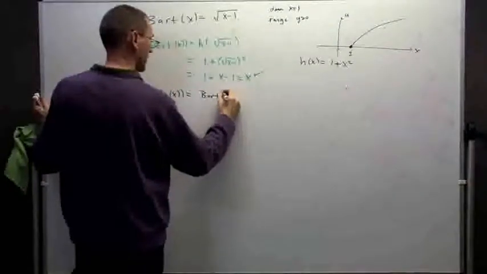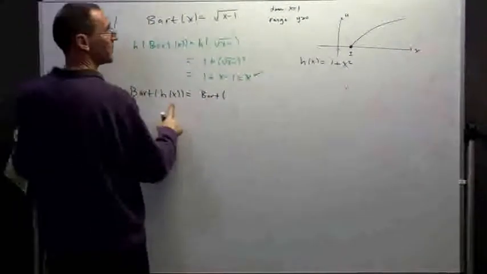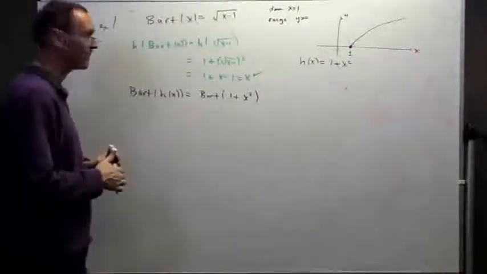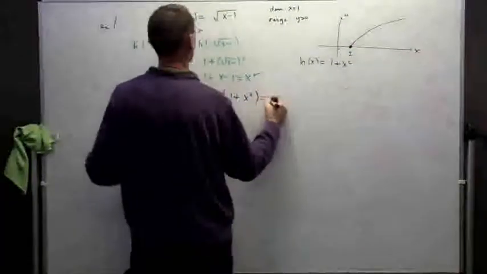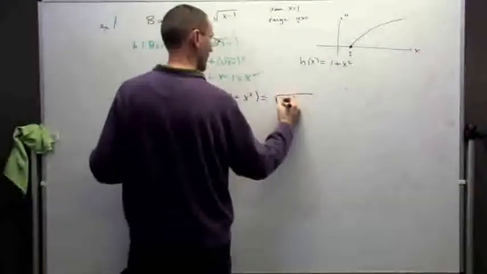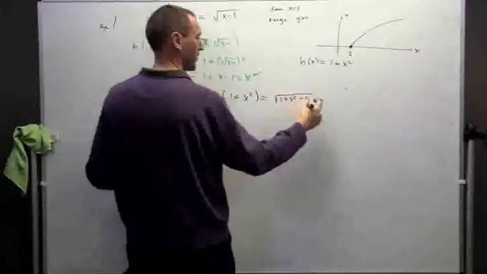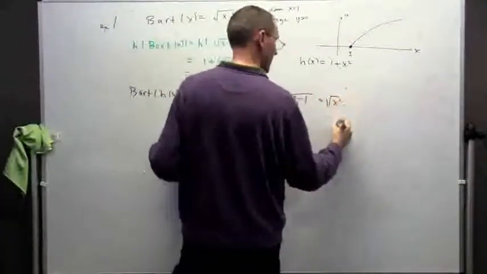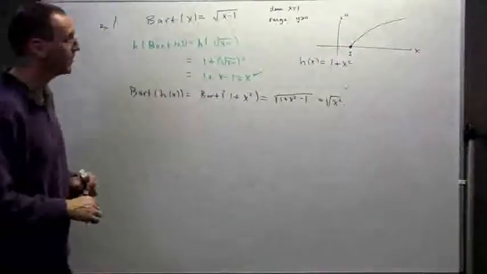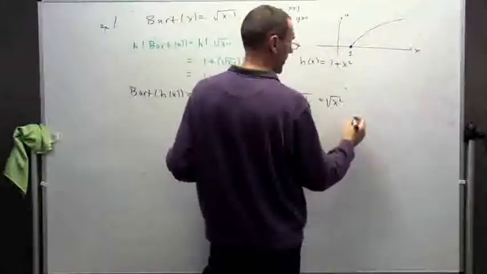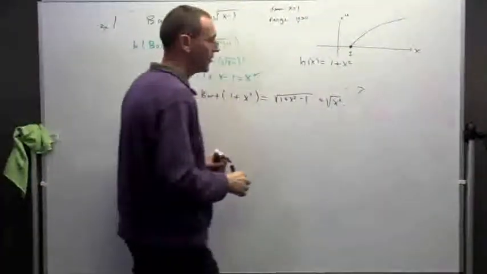So what does BART do to h? H says, take whatever you give me, take 1 plus x squared. And then BART says take the square root of whatever you give me, minus 1. The square root of 1 plus x squared minus 1. And now I have a problem in that the square root of x squared, well, think about this.